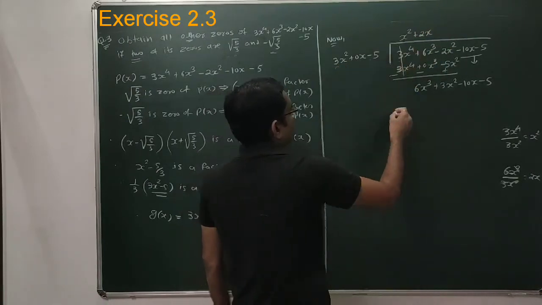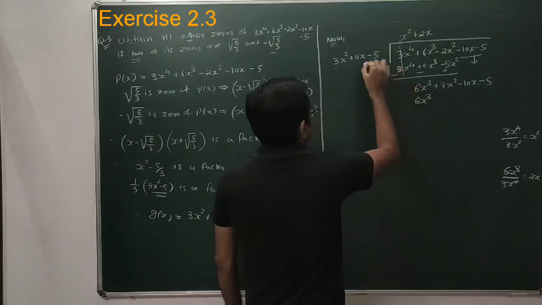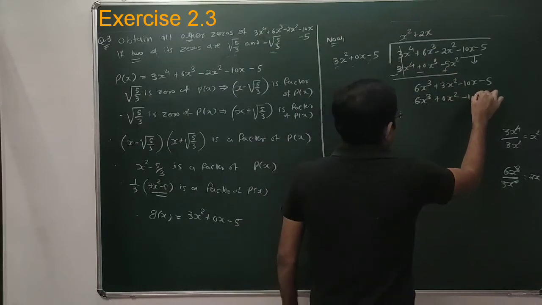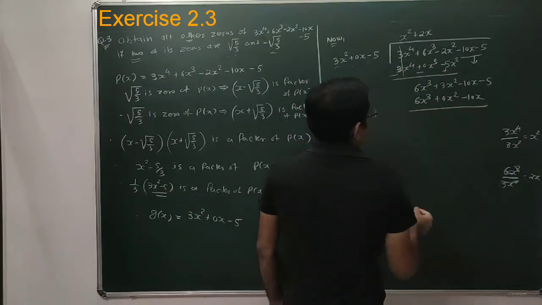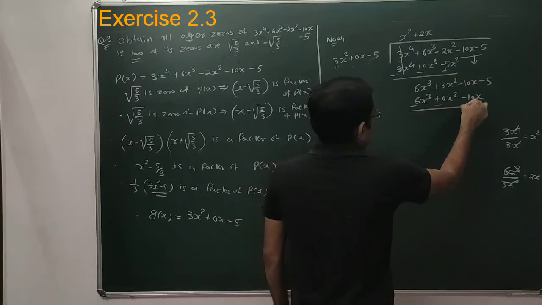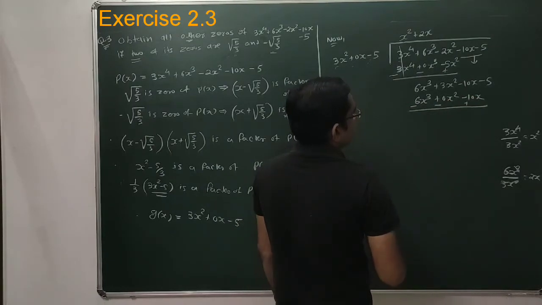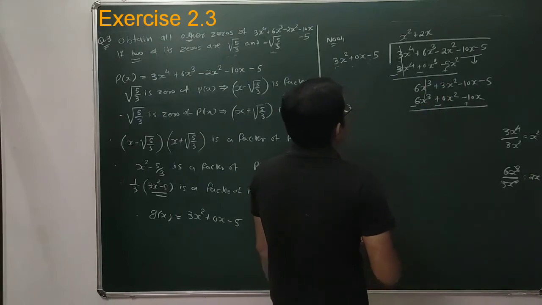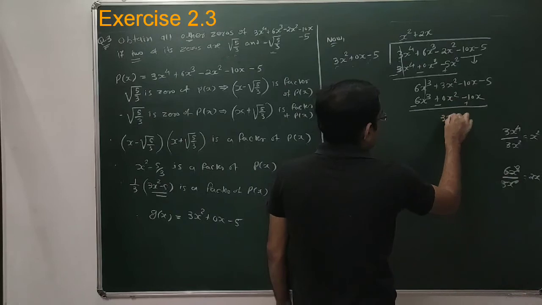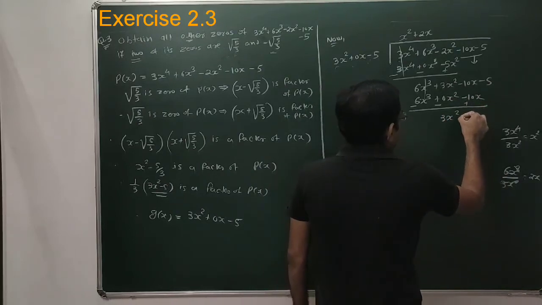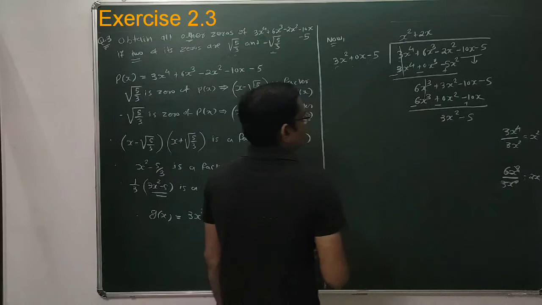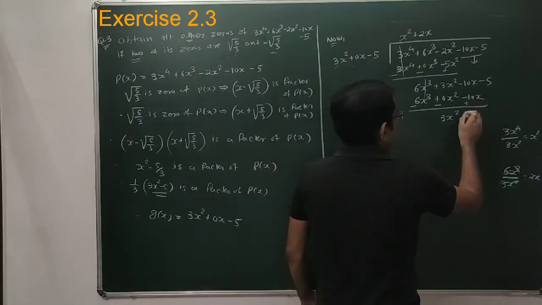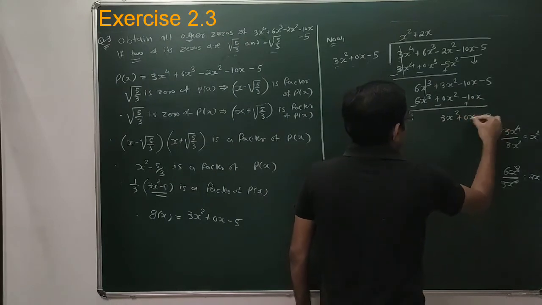Multiply all these 3 terms with this 2x: 6x cube plus 0x square minus 10x. Here this is minus and this is plus, so this will be cut. Here this is 3x square, 0x, and minus 5. Done? 3x square plus 0x minus 5, you can also write.